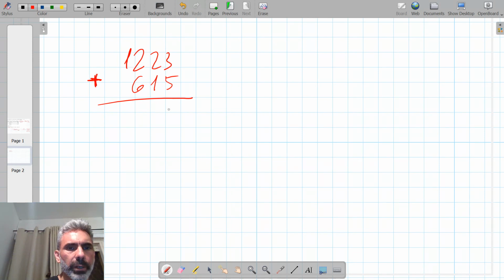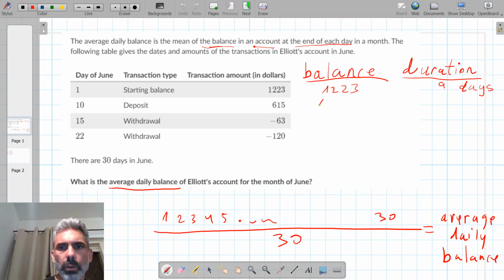Okay, 3 plus 5 is 8. 2 plus 1 is 3. 2 plus 6 is 8. And 1. So 1,838. So on June 10th, the balance has changed to $1,838. This is 9 days, okay.